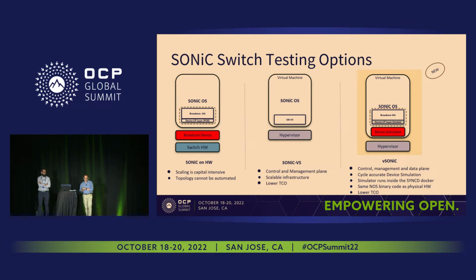So on your right, if you look at the overall stack of vSONiC, or the virtual SONiC, I'm just using the name vSONiC to differentiate from SONiC VS. It is a SONiC image that runs on the Broadcom simulator. This is the same SONiC image, or at least 90 to 95% the same SONiC image that you run on the hardware.